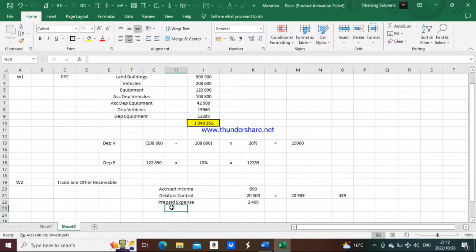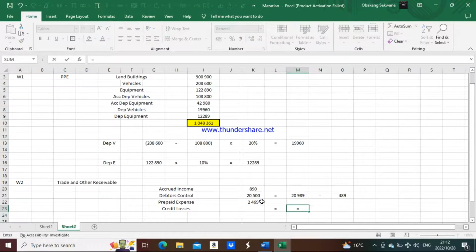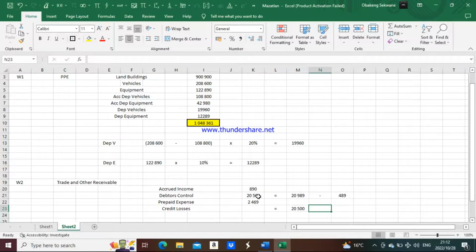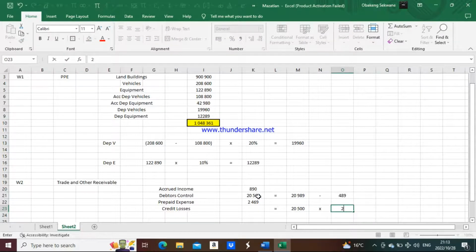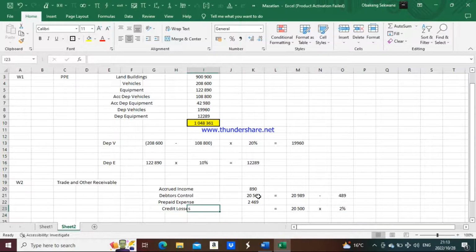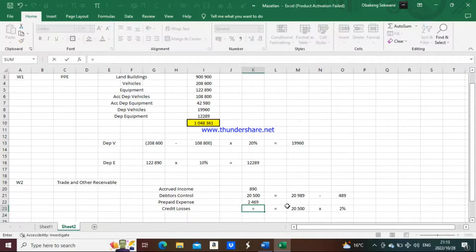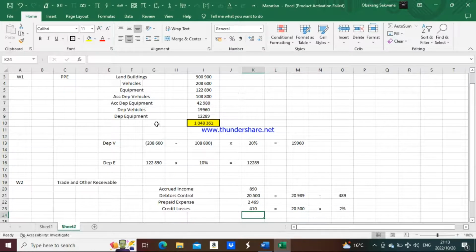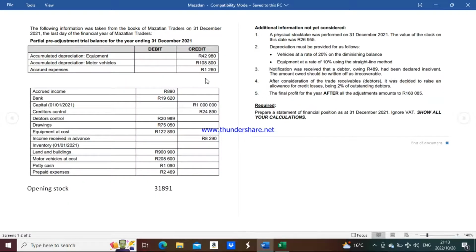So credit losses are equal to our debtors control multiplied by the percentage which we were given, which is 2%, and the answer will be 410.